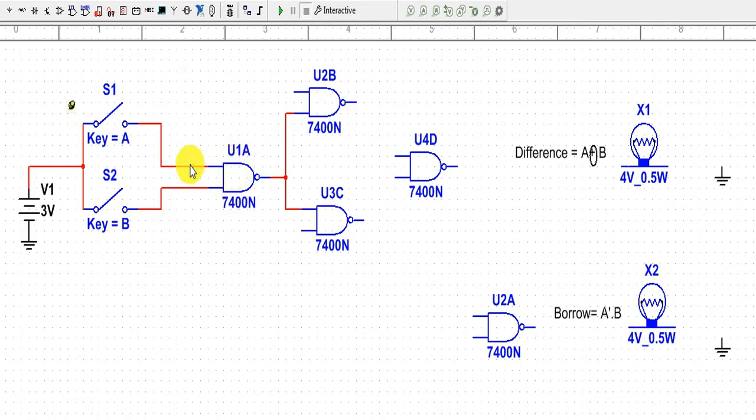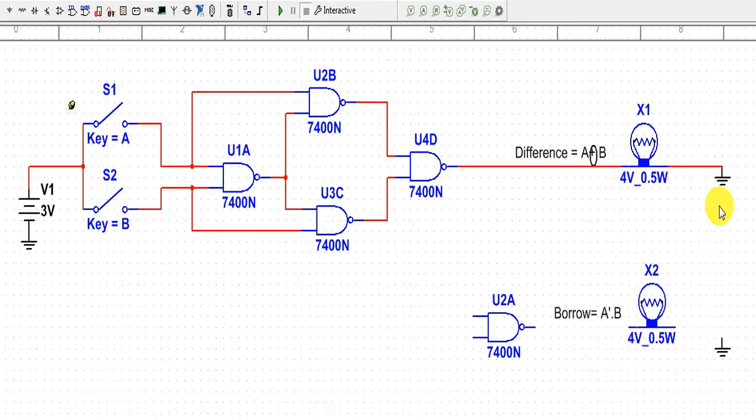That is, the second terminal of the second NAND gate is connected with A, and the second terminal of the third NAND gate is connected with B. Now the outputs of NAND gate 2 and NAND gate 3 are connected to the terminals of NAND gate 4, and this will give us the difference bit, which is connected to the positive terminal of the LED, and the negative terminal of the LED is grounded.